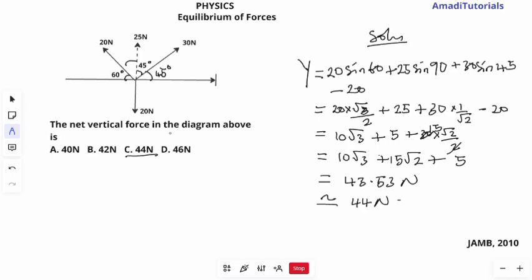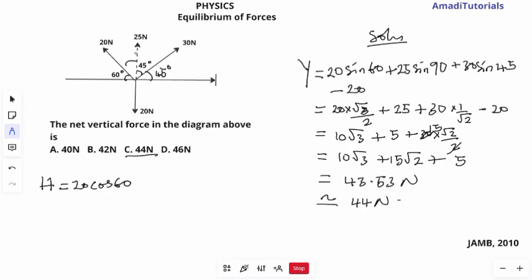But we can take the question further by saying also find the net horizontal force. The horizontal force, I represent it H, will be equals to, now the first one here, 20 Newton, will be resolved in its horizontal. That will be 20 cos 60.